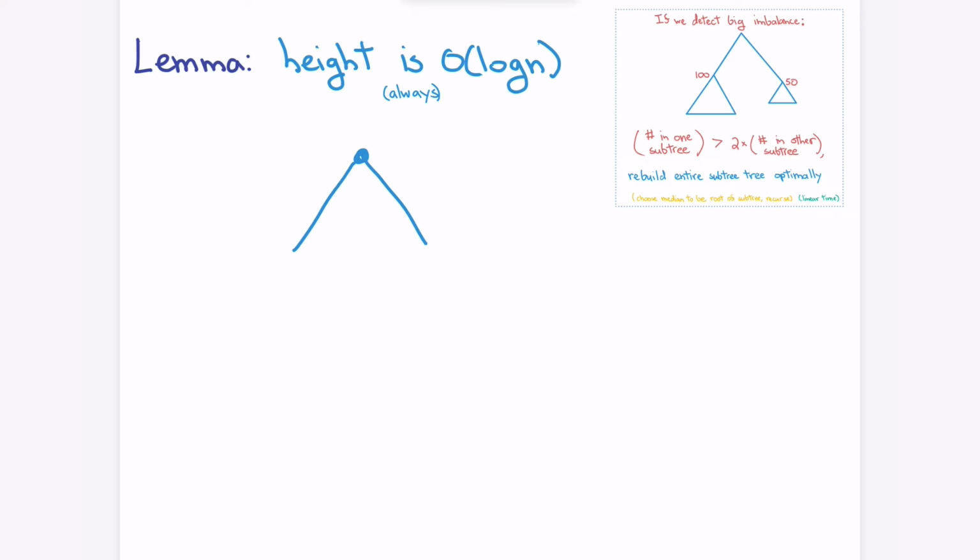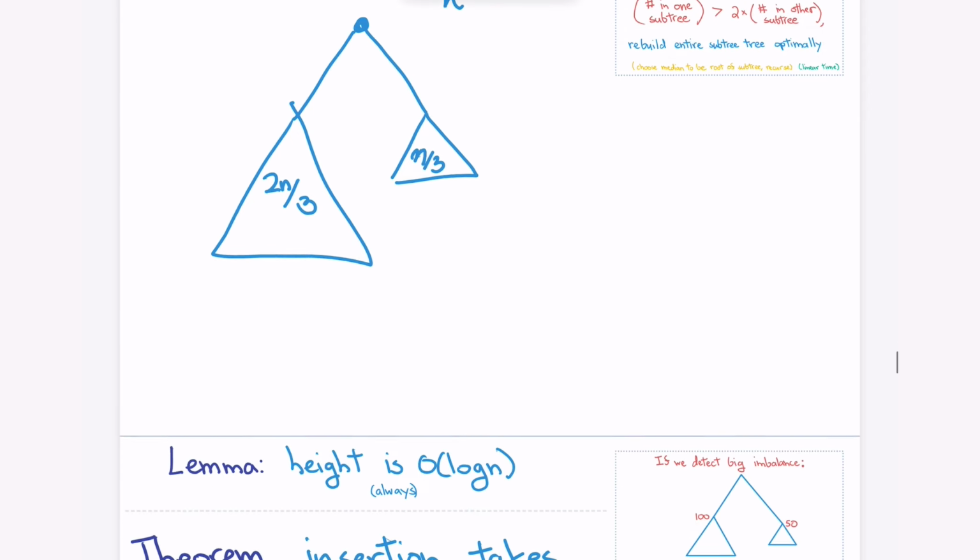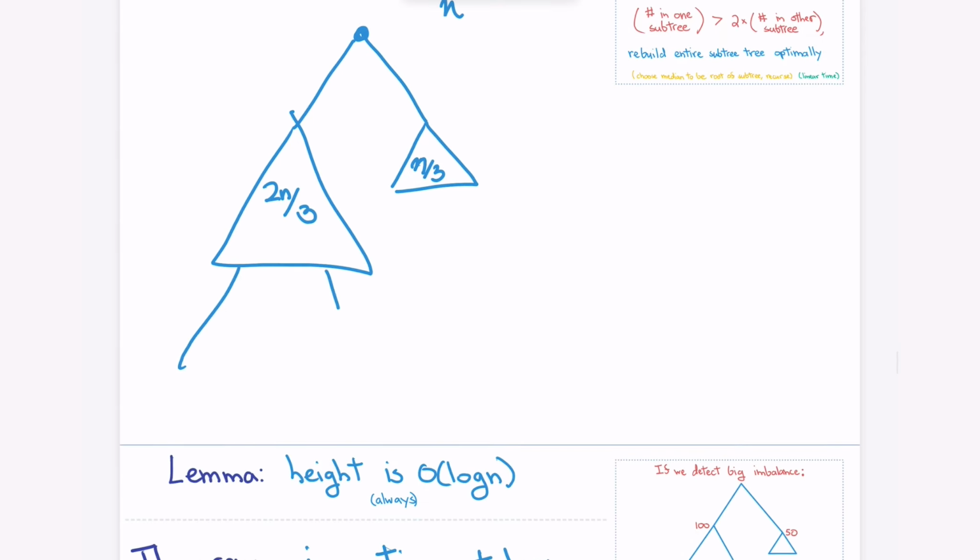Okay, so in the worst case, let's say I have n total vertices. In the worst case, like the most lopsided thing, maybe it's something like this. So over here, you'll have n over 3 vertices, and you have 2n over 3 vertices. And this will go into two subtrees, and the bigger one will be down to like 4n over 9, 2/3 of 2/3.